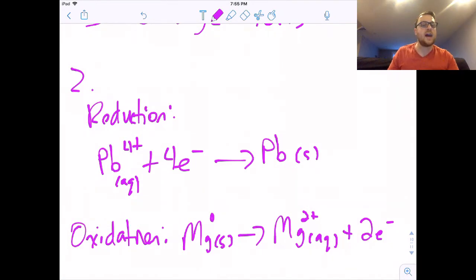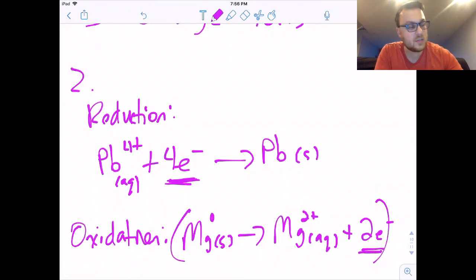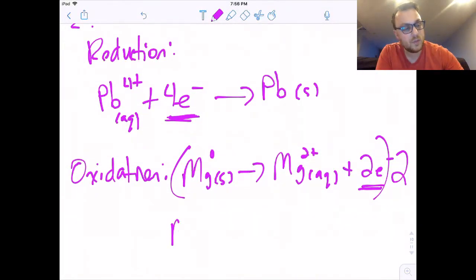So, how can we make them both the same? Usually, an easy way is to take the electrons on the bottom and multiply that into the top reaction, and take the electrons over here and multiply that into the bottom reaction. But I think if I multiply this times 2, that will make those electrons 4, and then these will cancel out. So if I multiply that times 2, you'll get 2Mg solid make 2Mg2+ aqueous plus 4 electrons.